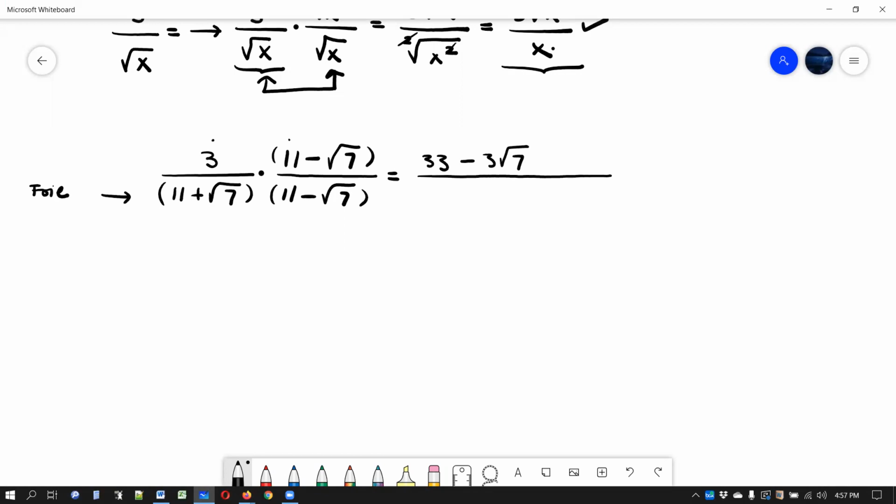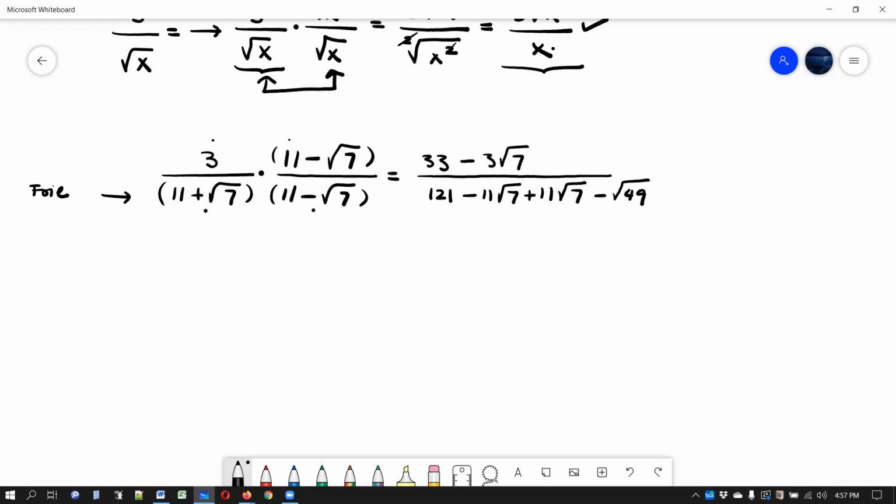So 11 times 11. 11 times minus radical 7. Plus radical 7 times 11. And something's going to happen here that you may have noticed already. Positive radical 7 minus radical 7.